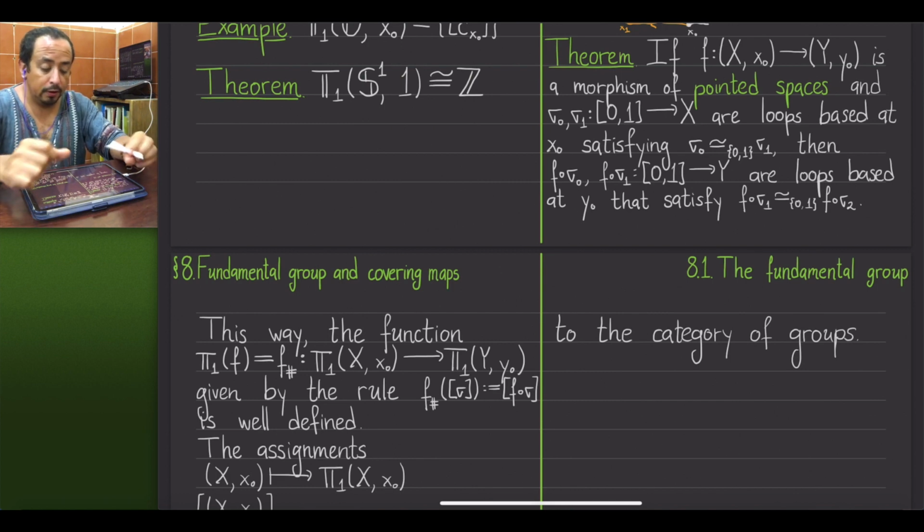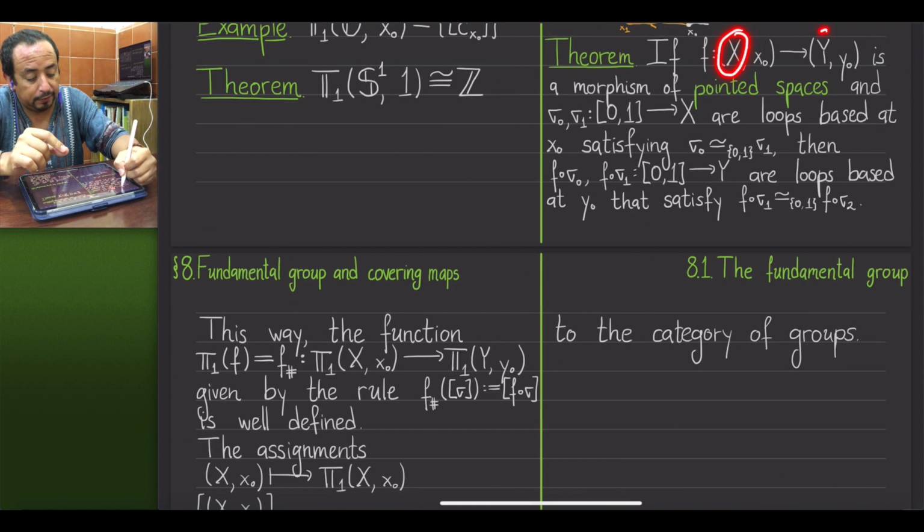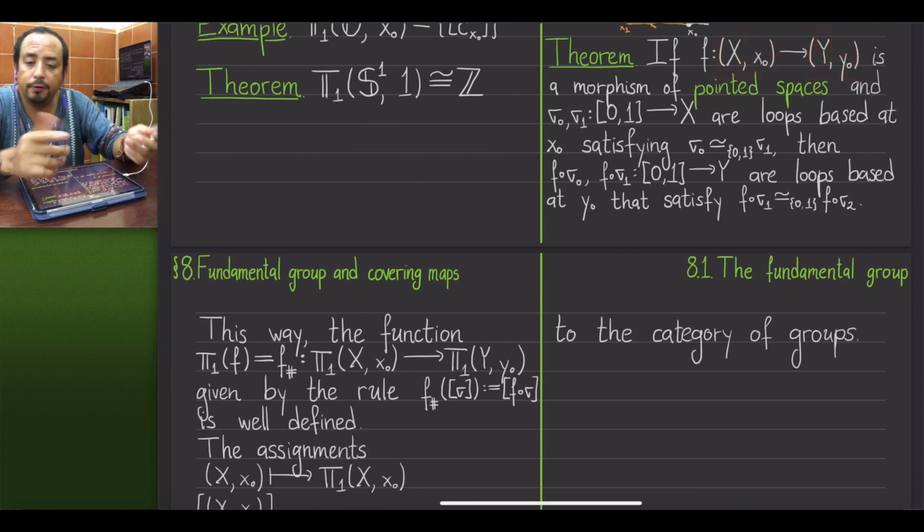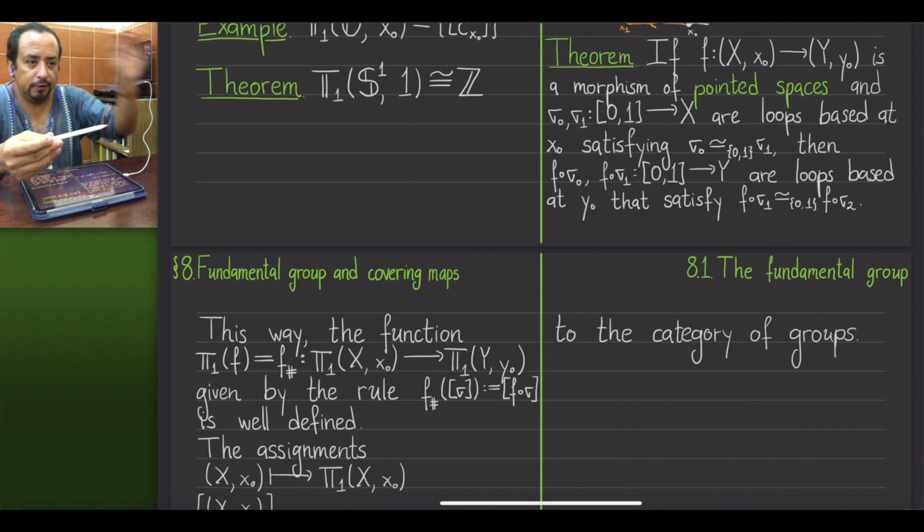A morphism of pointed topological spaces is a continuous function between the two spaces involved that takes the base point of the domain to the base point of the codomain. So a morphism between such things is a continuous function respecting the base points, right? Taking base point to base point.